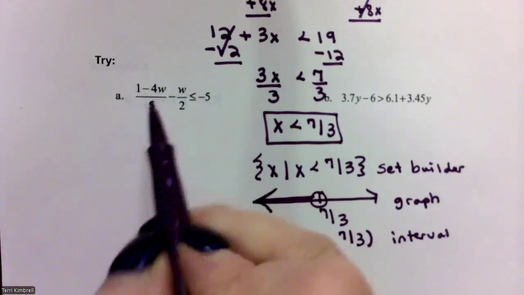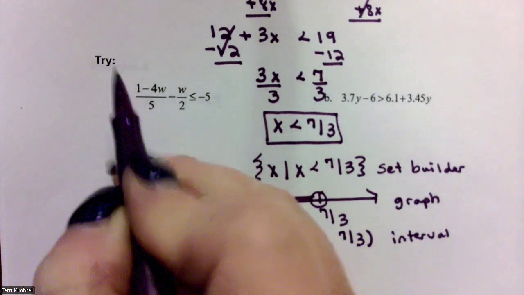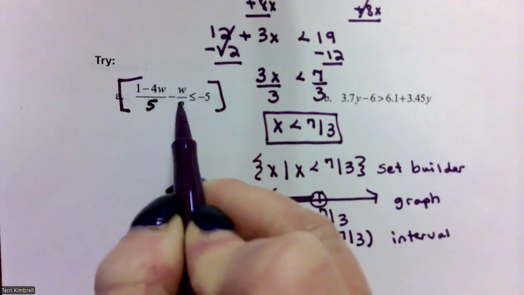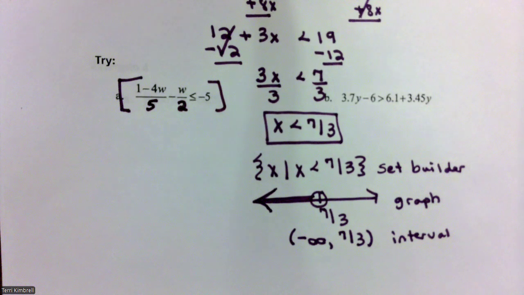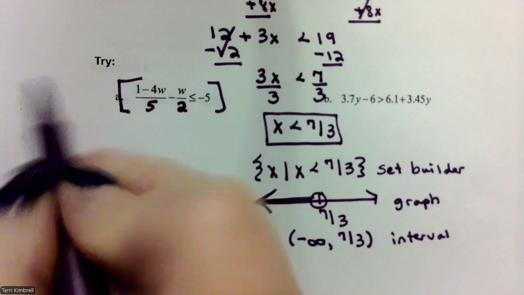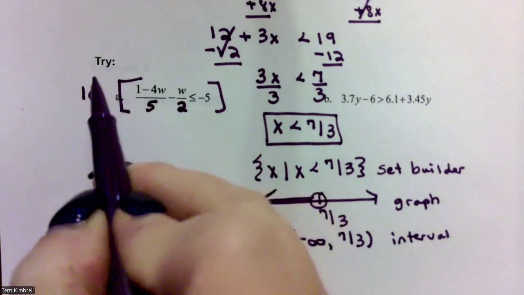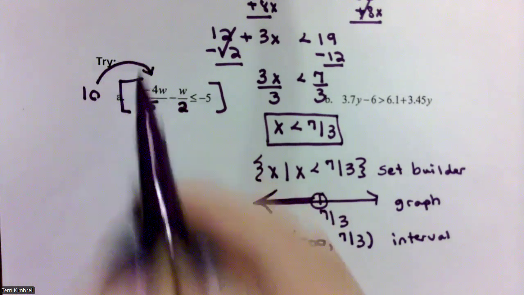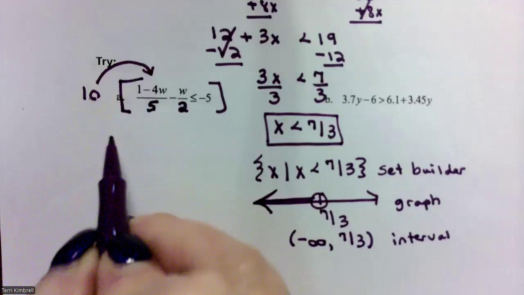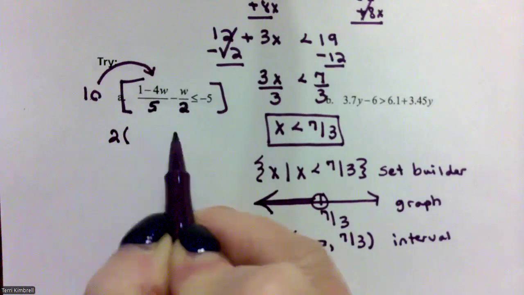So if you recall, we want to get rid of the fraction. So I'm going to multiply everything by a common denominator of 5 and 2. A number that both of those will go into is 10. So I'm going to distribute that to the very first part. As you are distributing that, 5 is going to go into 10 2 times.